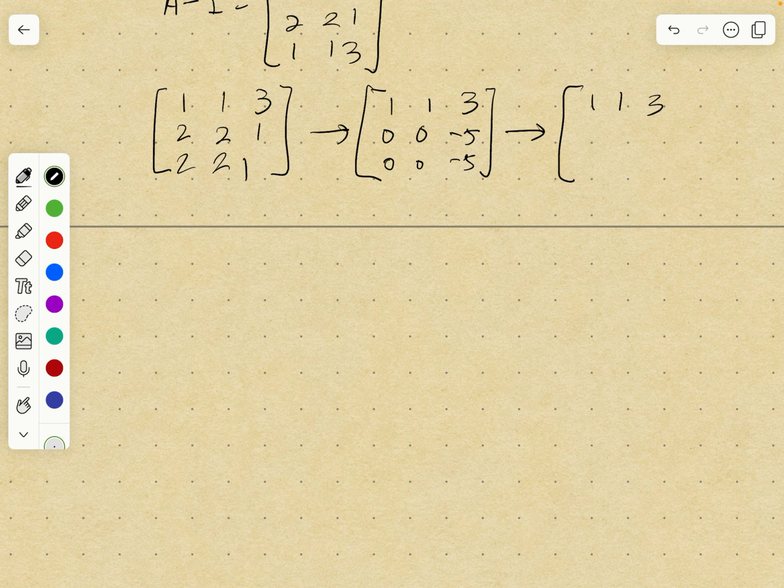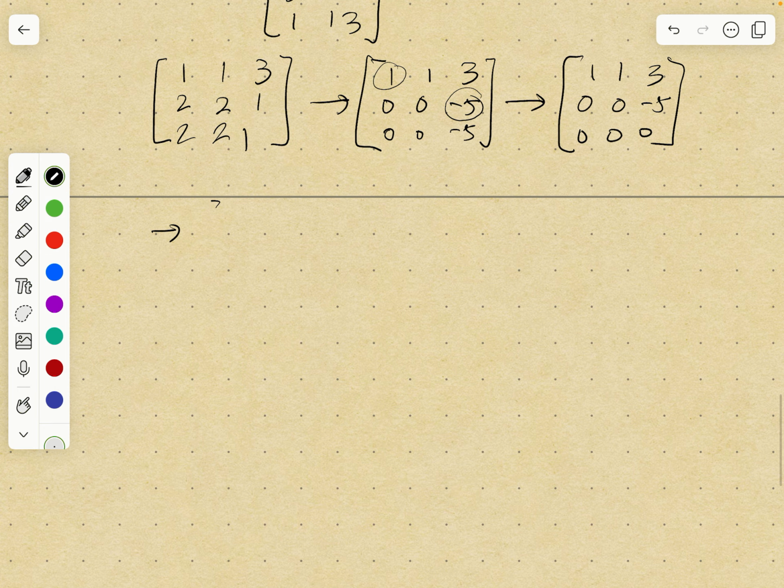So now you have this, and then row 3. This isn't in echelon form yet because I have 2 pivots. I have these numbers here, but I want this negative 5 below it to be 0. So I do row 3 goes to row 3 minus row 2, and that will give me this.